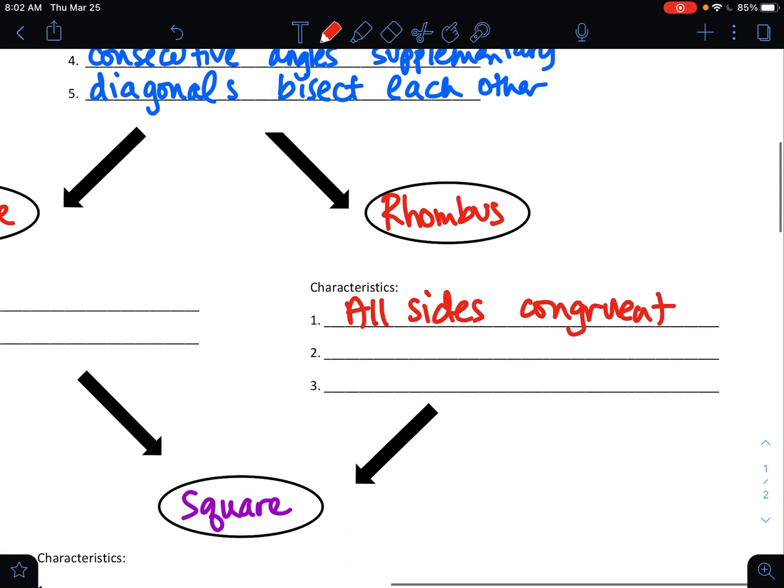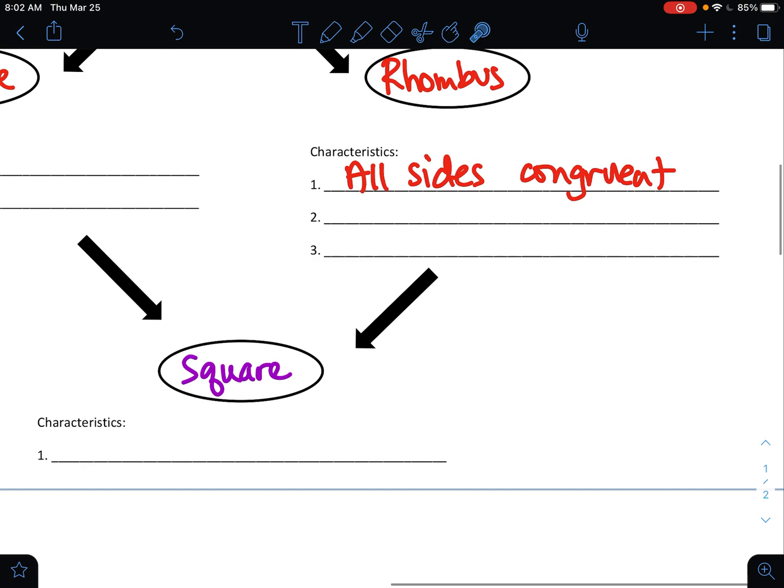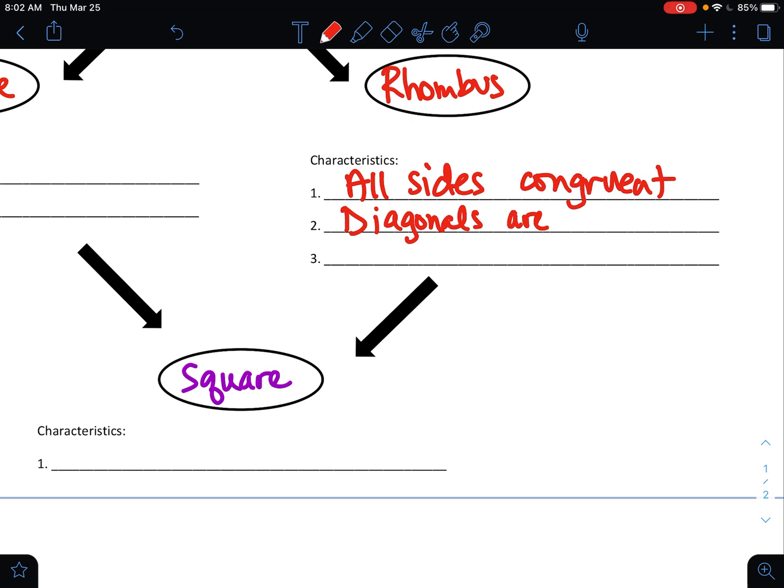Now we have 2 more diagonal properties. Okay, now it does have the property of the parallelogram that the diagonals are bisecting each other. They also are perpendicular. Okay, so diagonals are perpendicular.